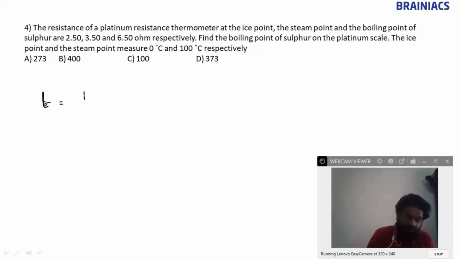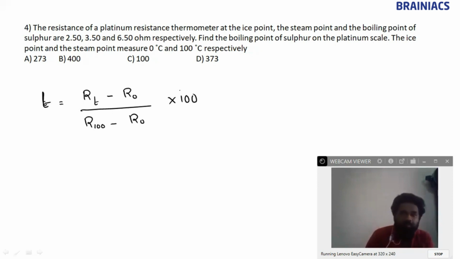The temperature is equal to the resistance at that particular temperature minus resistance at 0 degrees Celsius, divided by resistance at 100 degrees Celsius minus resistance at 0 degrees Celsius, into 100. Now let us write here: ice point is equal to what? 2.50 resistance, at ice point. Then steam point.